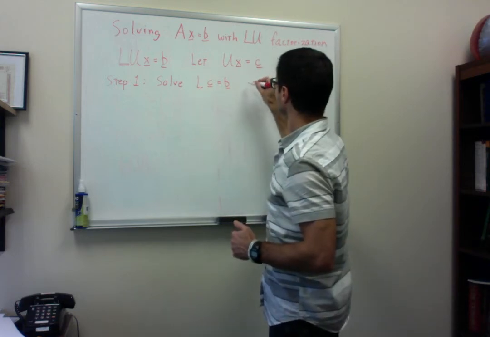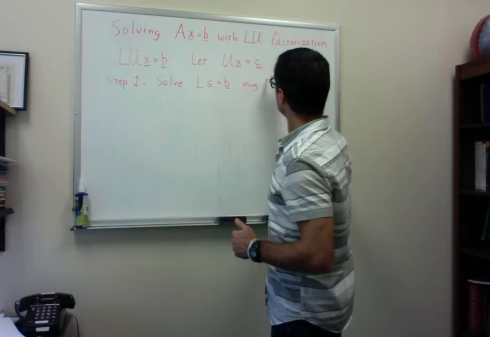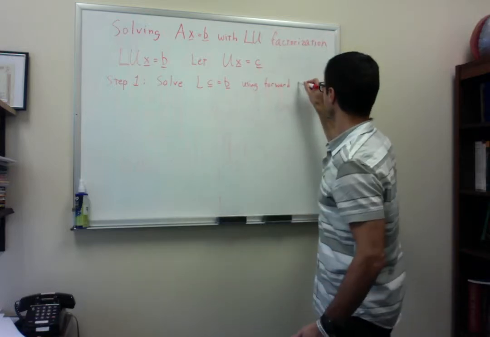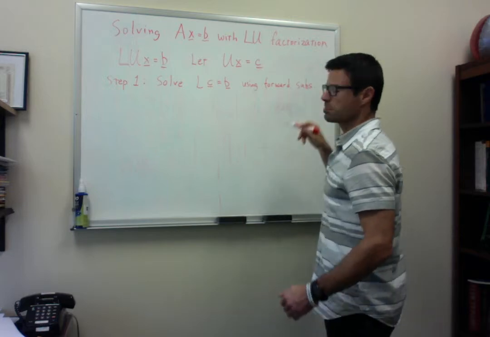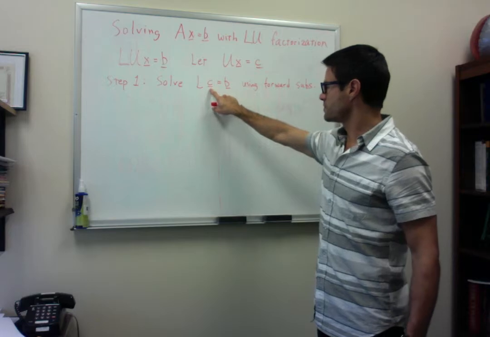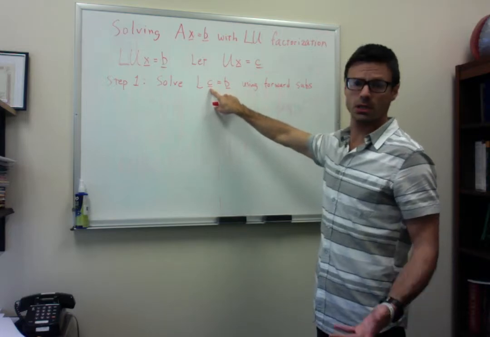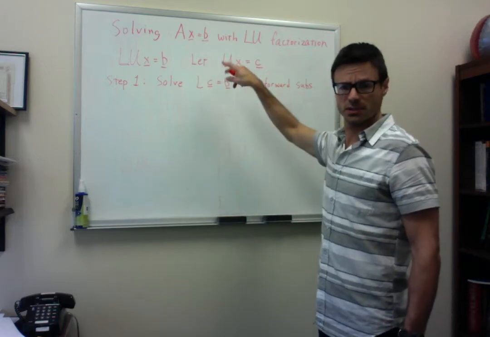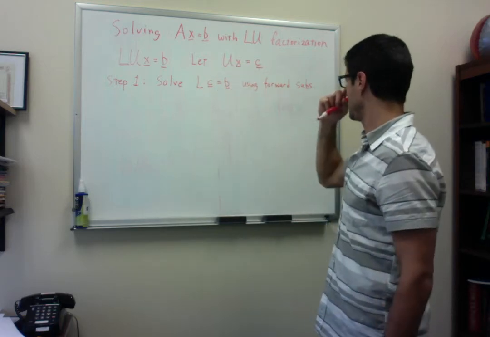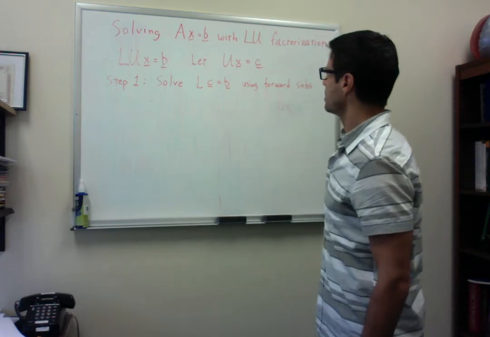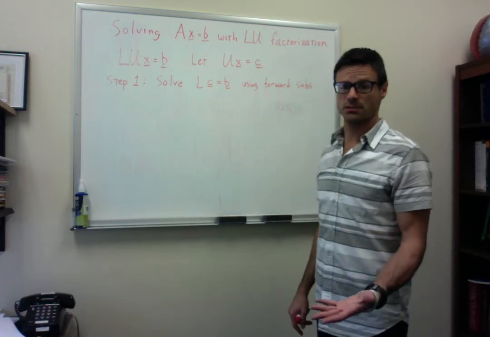So we solve it using forward substitution. In any case, it's a substitution type process that is just plugging things in, and you'll see that you'll be able to solve for the first entry of this vector c by inspection, and then just substitute in to find c2, c3, and so on. Once we have solved for c, well, ultimately we want to find x.